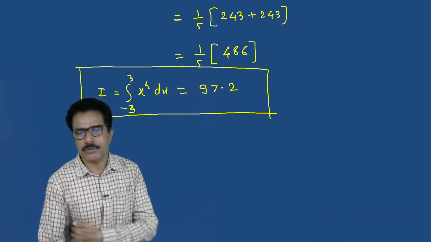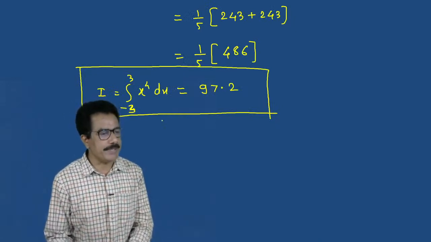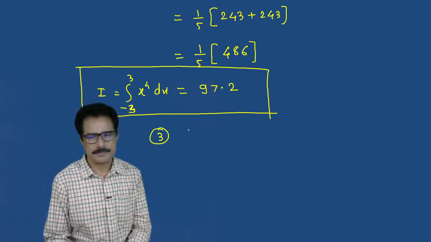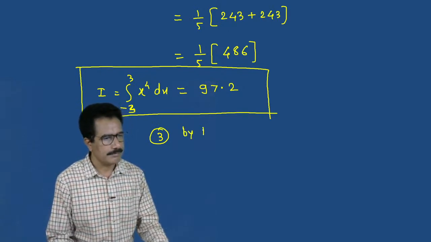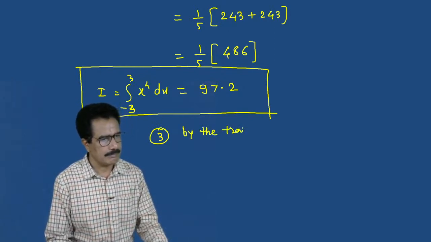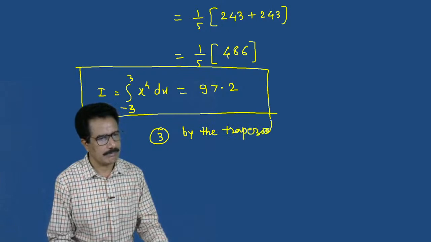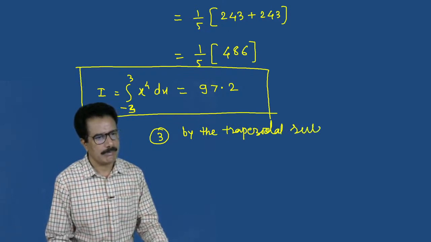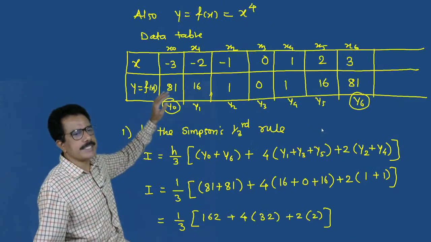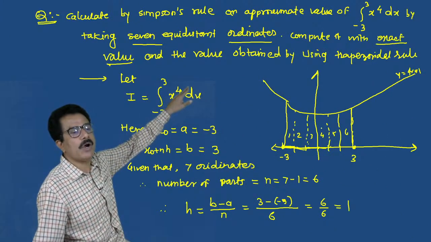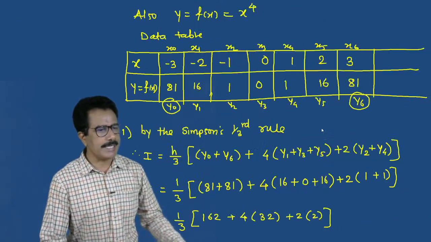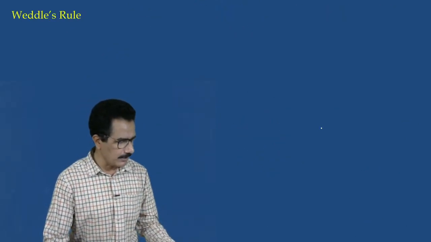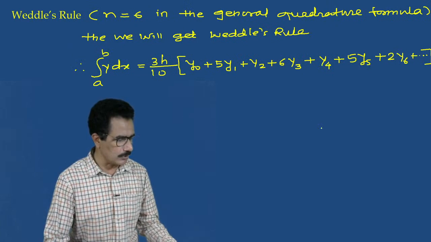Okay, also we have to use the trapezoidal rule, number 3. By the trapezoidal rule, actually in the problem see this, also we have to obtain the value by using the trapezoidal rule. So use the trapezoidal rule. आता trapezoidal rule पहा, trapezoidal rule काय सांगतो थोडं चेक करा.